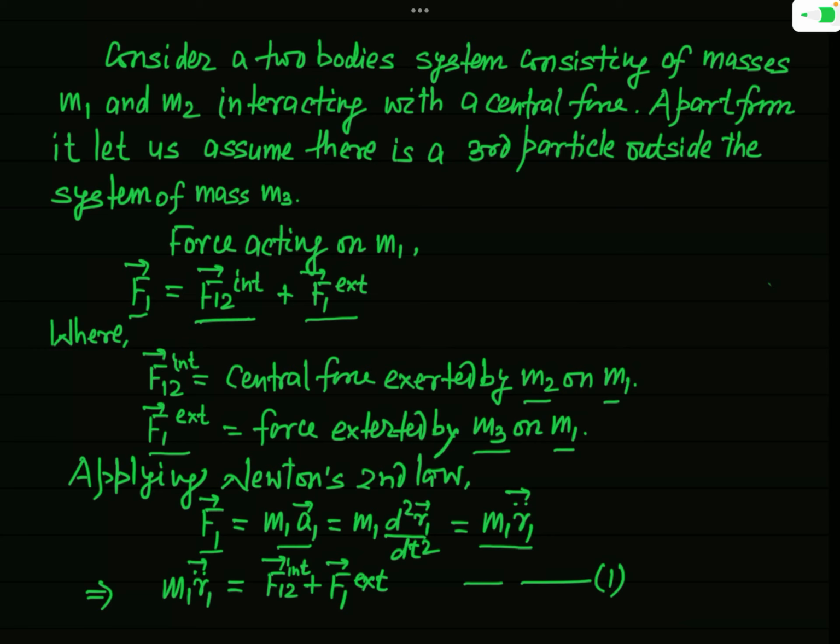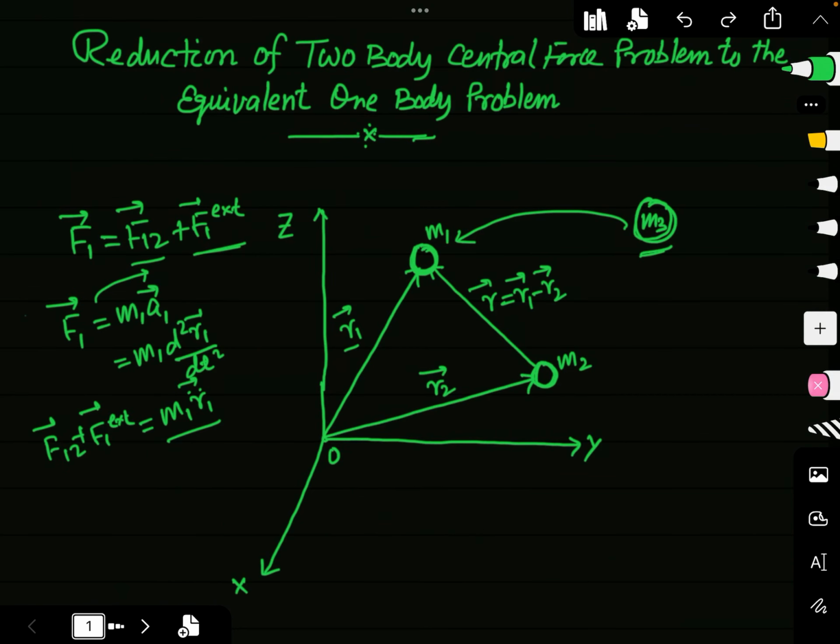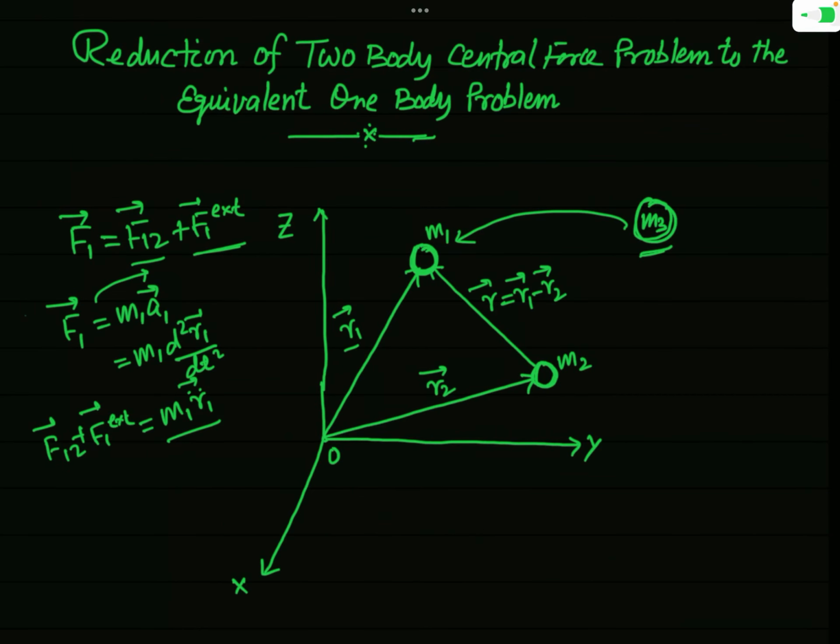Now, as you can see in this figure, we have considered the net force acting on M1, and then we have written the equation of motion of M1. In the similar manner, you can write the equation of motion of the other body M2 of this system.